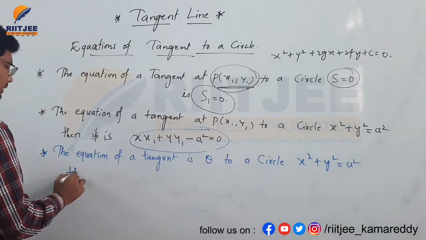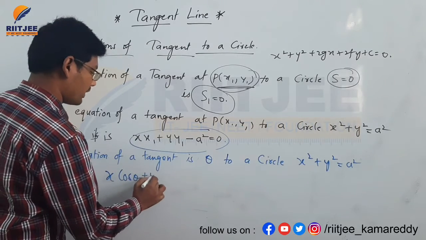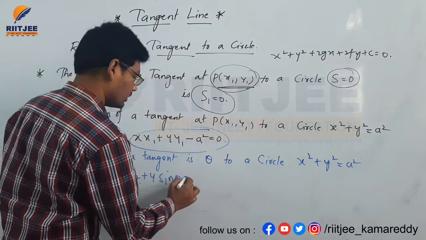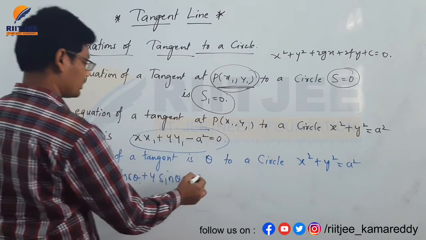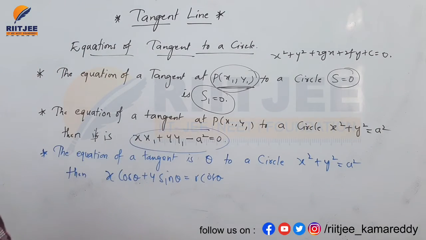Then the tangent becomes x cos theta plus y sin theta equal to r cos theta. This is the equation of a tangent line.